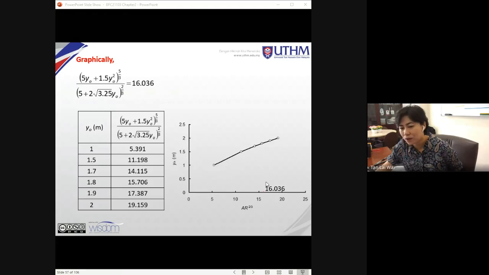On the x-axis, you locate where 16.036 is, because you need to find y for this AR to the power of 2/3 value of 16.03. Draw a straight line. When it crosses or intersects your graph, you can find the value of y naught, which is between 1.5 to 2. So you can read it from your graph, 1.82 meter.